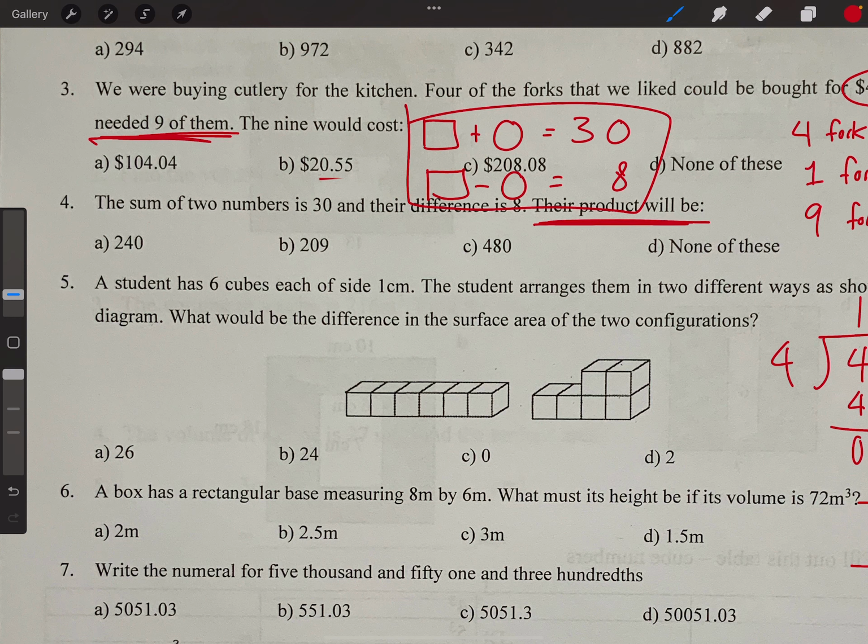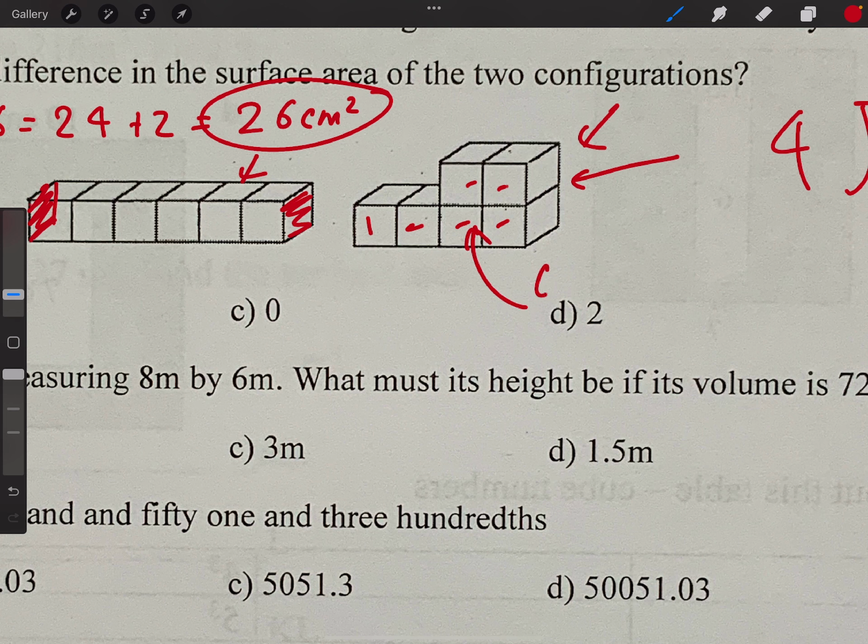We got 1, 2, 3, 4, 5, 6. On the other side, on the back is also, so we got 6 in the front, 6 in the back. Now the top has 1, 2, 3, 4, and then you got this face over here, which is 5.